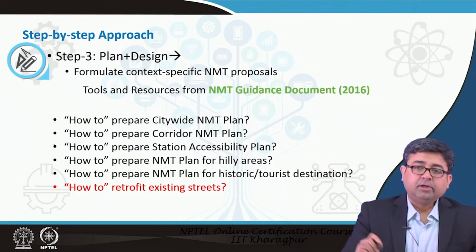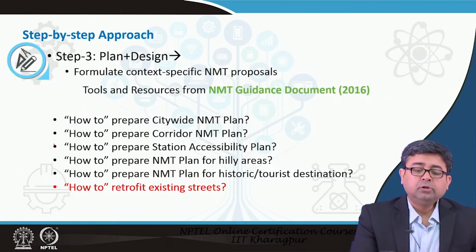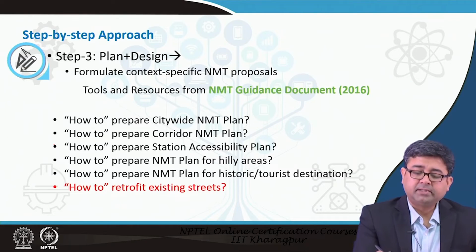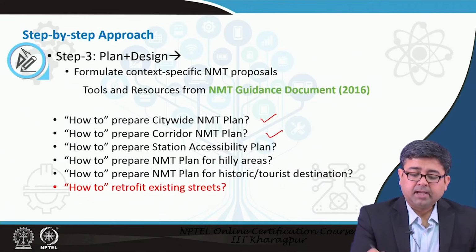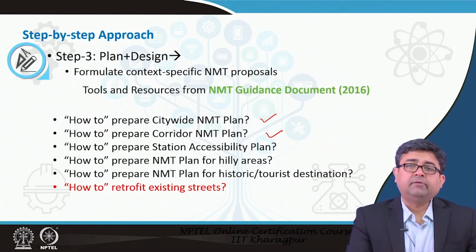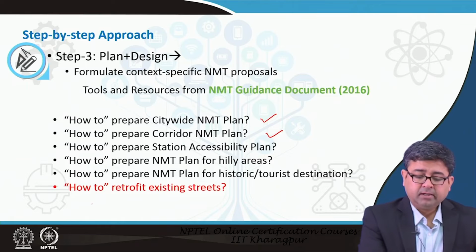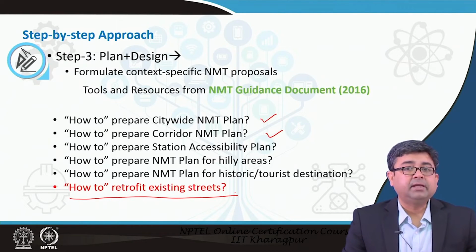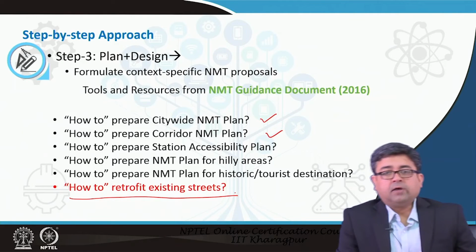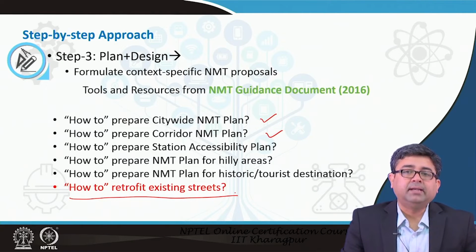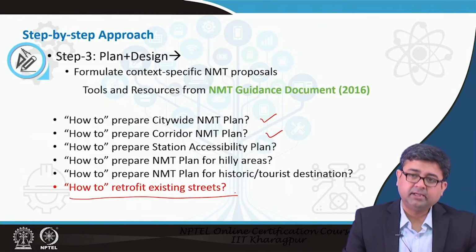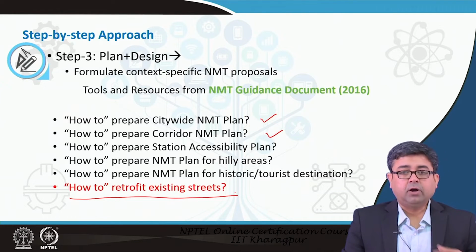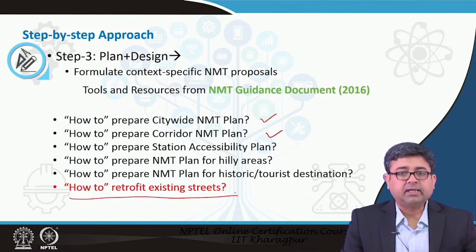Now, this guidance document also tells you how to do different kinds of things, how to prepare a citywide NMT plan, corridor plan, etc. For the benefit of this class, we will take up how to retrofit existing streets with NMT infrastructure. This is one of the key requirements today in many cities across the world as well as in India, where we already have the street network in place, but we do not have any bicycle tracks or any sidewalks or footpaths.